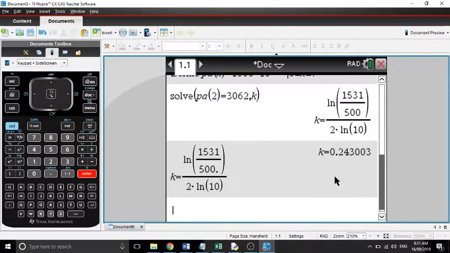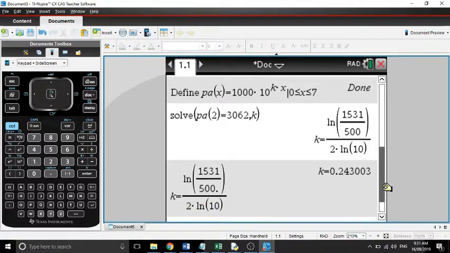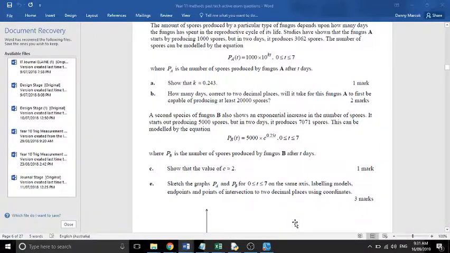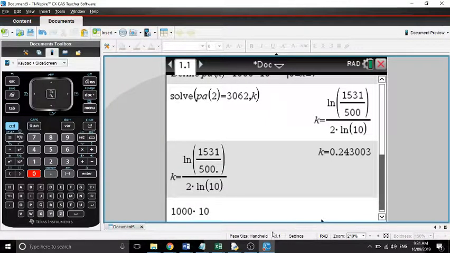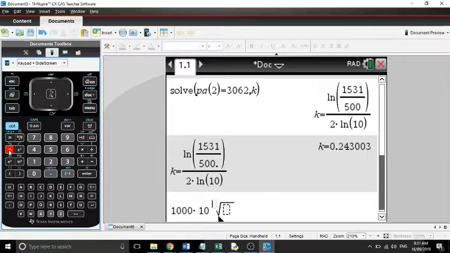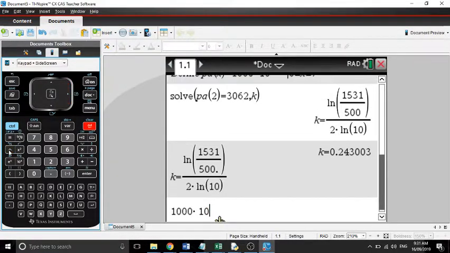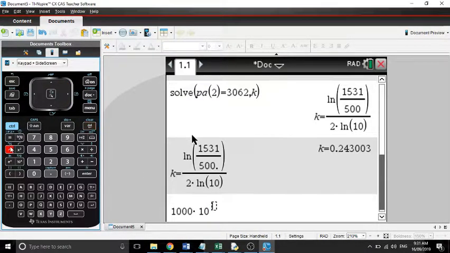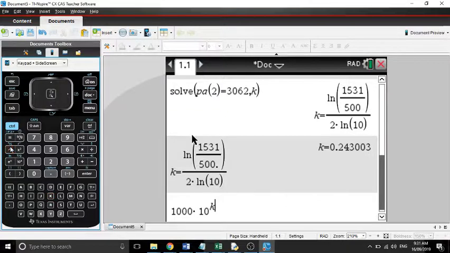Alright, so what I'd be expecting is for you to write down that 1,000 times 10 to the power of k times 2 equals 3062.